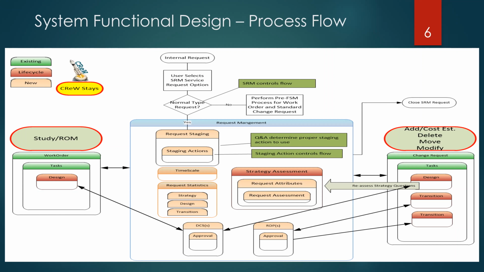And as you see here, as things come through, if it's an internal request, meaning, let me take a step back. We run as a tier 2, tier 3 organization. Tier 0, tier 1 is at the enterprise service desk level.